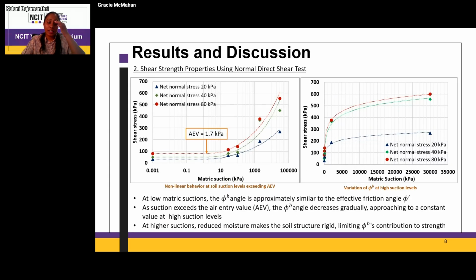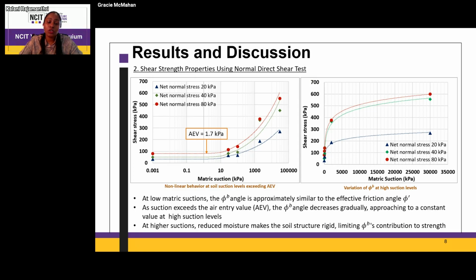In this slide, we further explore the relationship between shear stress and matric suction under different normal stresses. In the left graph, we can see a nonlinear behavior of shear stress with matric suction. When the matric suction increases beyond the air entry value of 1.7 kilopascal, the behavior becomes nonlinear. At low suction, the angle phi b, which is the contribution due to suction, is similar to the effective friction angle phi prime.